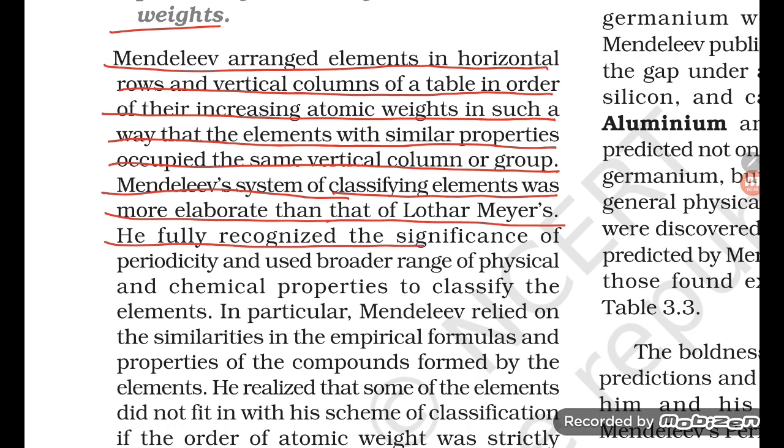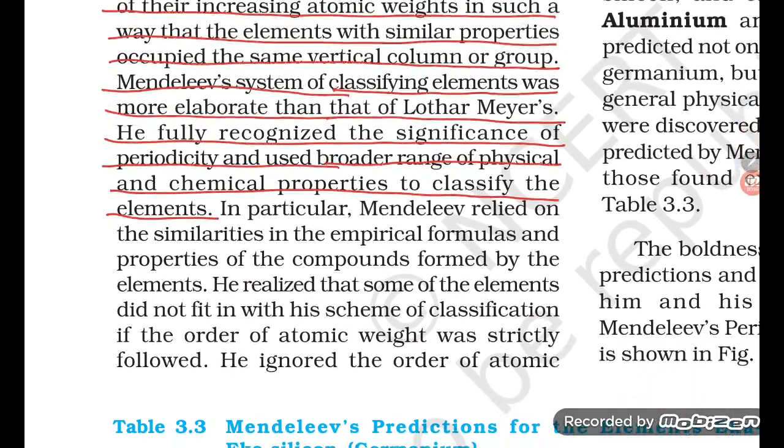He fully recognized the significance of periodicity and used a broader range of physical and chemical properties to classify elements. In particular, Mendeleev relied on the similarities in the empirical formulas and properties of the compounds formed by the elements.